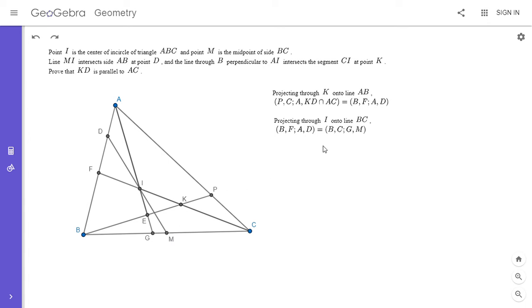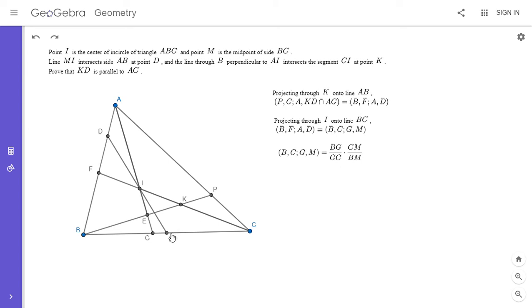Now this cross ratio looks like it should be fairly easy to compute manually. I'm going to write out the definition of cross ratio here. We look at what ratio G divides the segment BC into, that's BG over GC. Then we multiply by the flip of the ratio that M divides BC into, which is CM over BM.